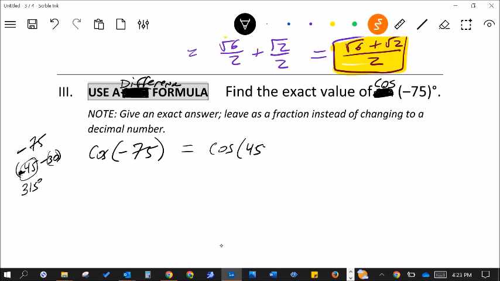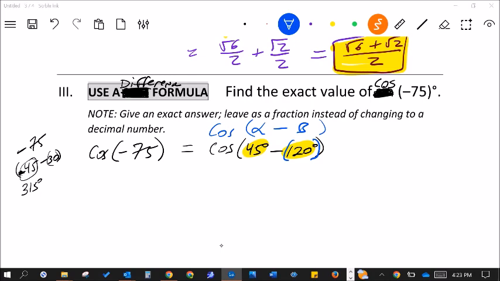So there are a number of ways that we could write this one, but let's try this. Cosine 45 degrees subtract 120 degrees. 45 and 120 are on the unit circle. And because that 120 is in parentheses, if I'm going to use the cosine of alpha minus beta for my formula, then that means the 120 is positive. I could have done something like this, but not for this problem. However, let's think of this.